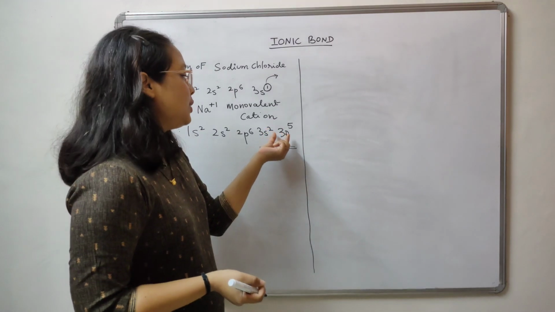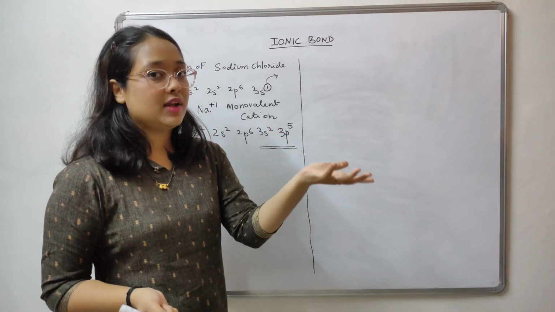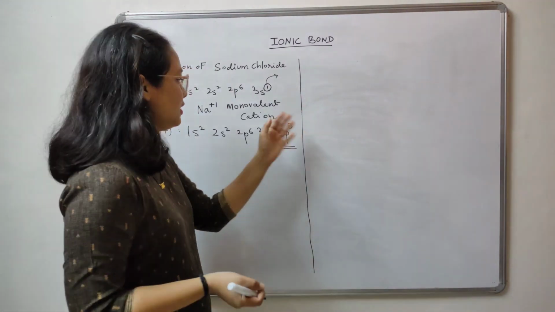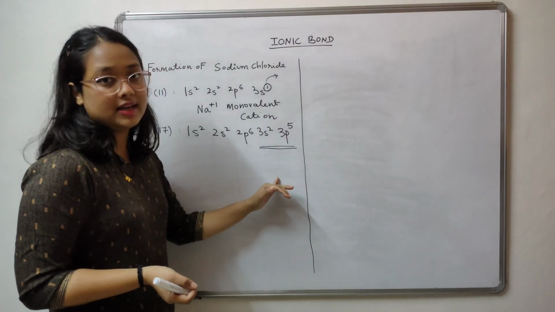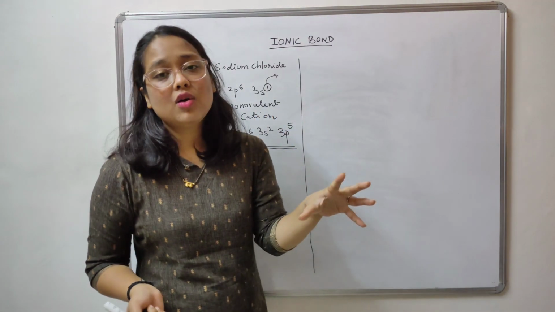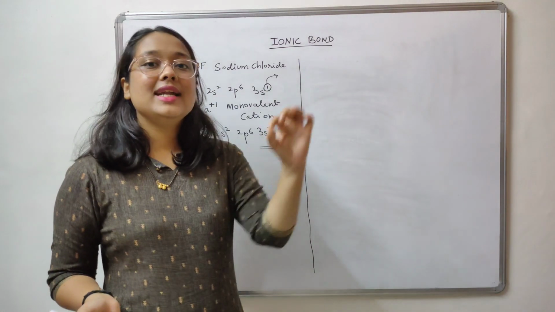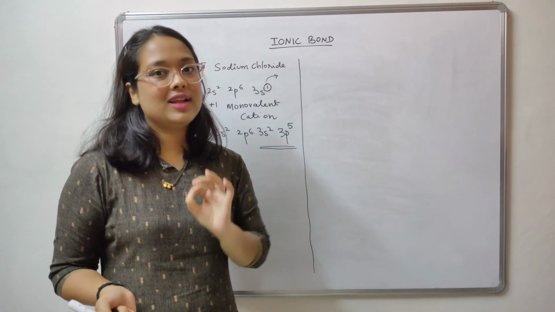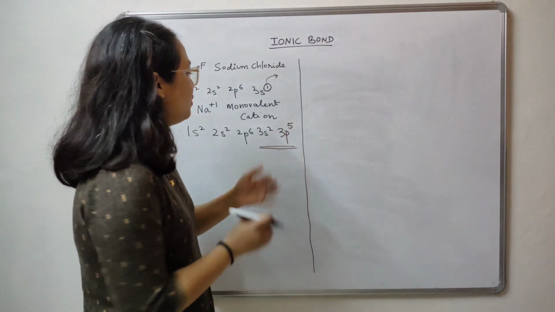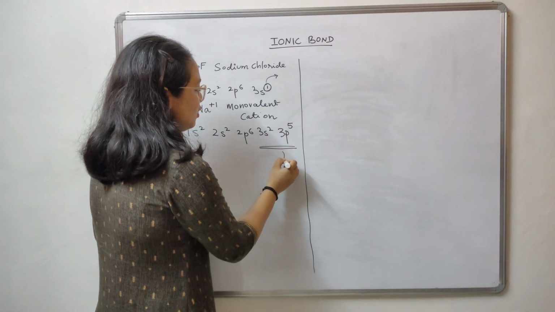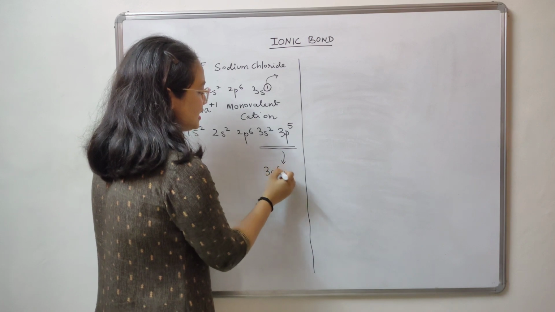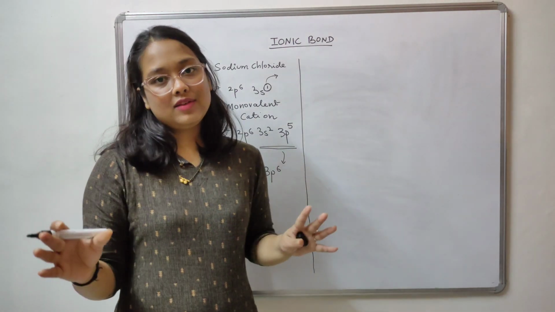It is very difficult for chlorine to lose 5 electrons and become 3p0, which would make 3s2 the last shell. Losing 5 electrons is going to be extremely difficult, correct? So halogens have a tendency of accepting 1 electron in order to become stable. From 3p5, chlorine can go to 3p6. p6 is a completely filled orbital.